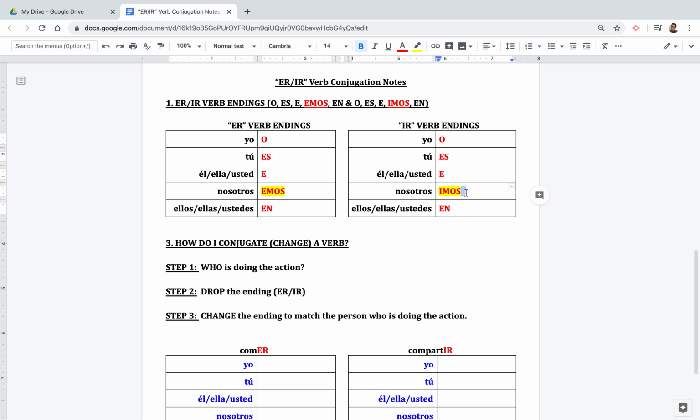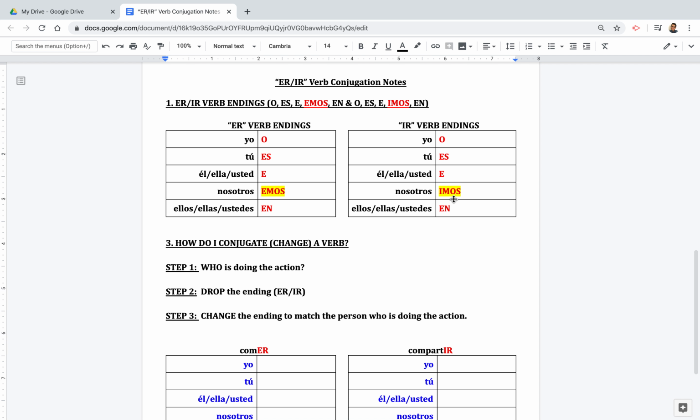There is an exception though, and it is with the person nosotros, we. When we have a verb that ends in er, the ending is going to be nosotros emos. And when we have a verb that ends in ir, the ending for nosotros, we, is going to be imos.